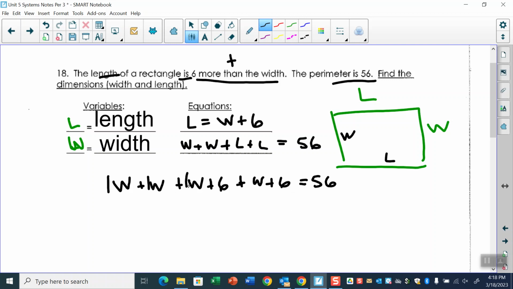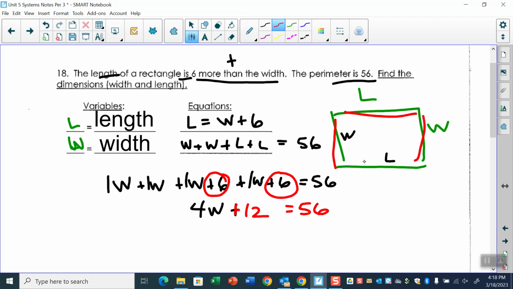So now I only have one variable, right? I've got 1, 2, 3, 4 W's. And then I've got plus 6, so that would be plus 12. And that equals the distance around, right? W plus W plus length plus length. That's the whole distance around.